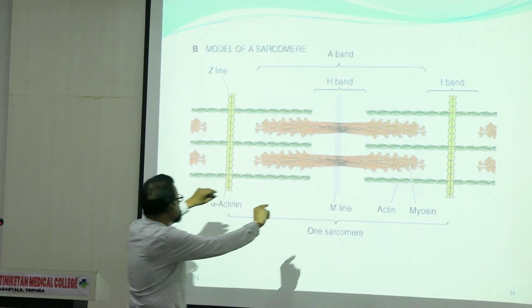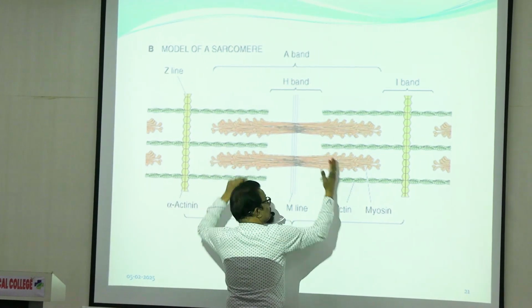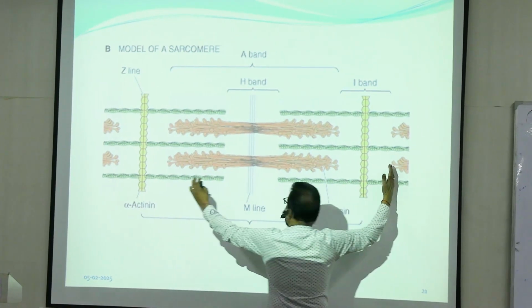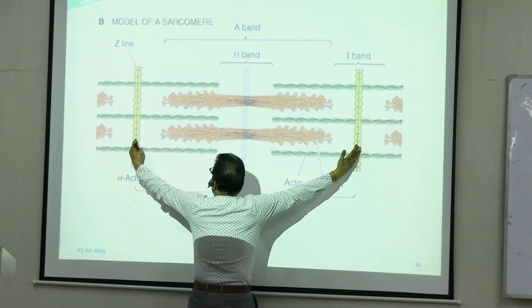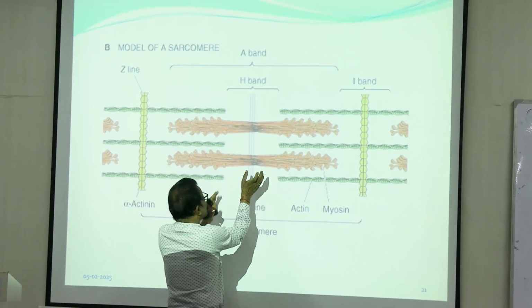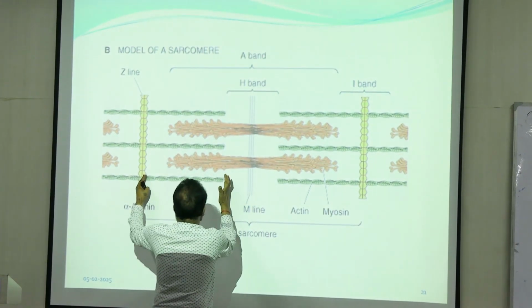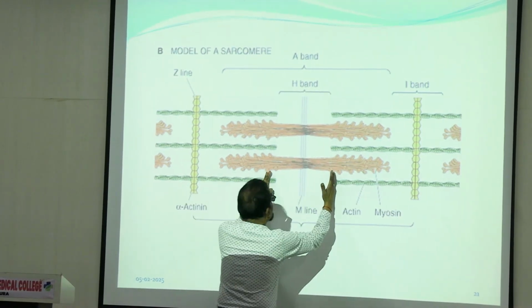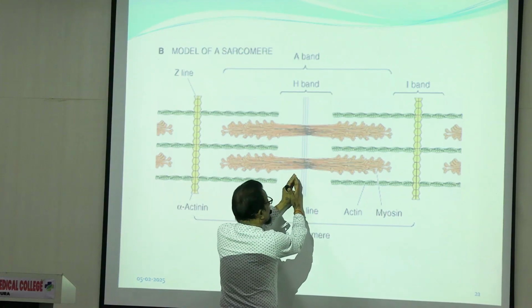This is the arrangement: myosin, Z-line, actins. During muscle contraction, they will be coming closer. As a result, there are different segments. This segment will not be shortened; they will stay fixed. Only this area will be shortened.